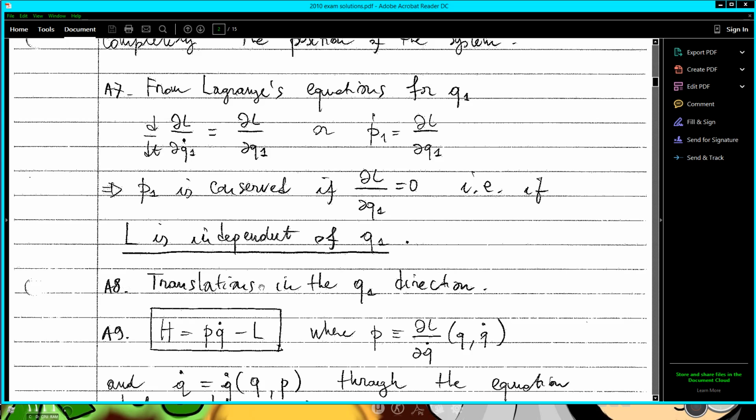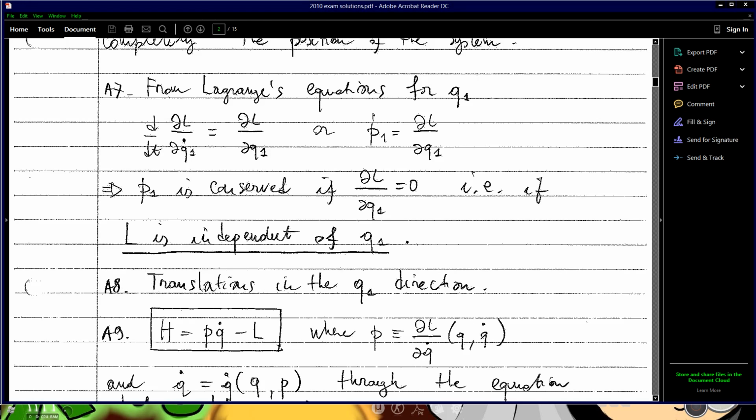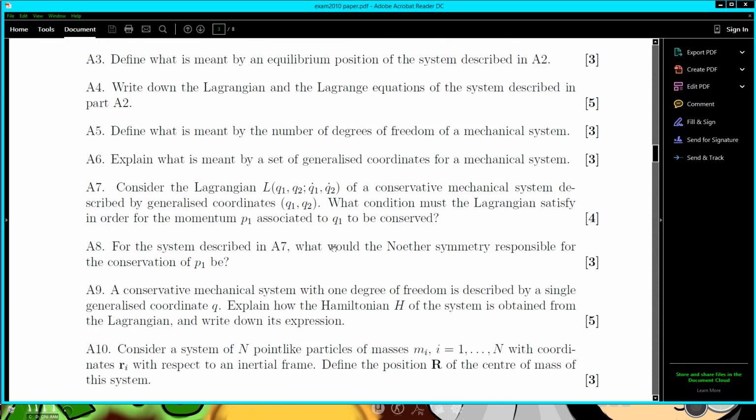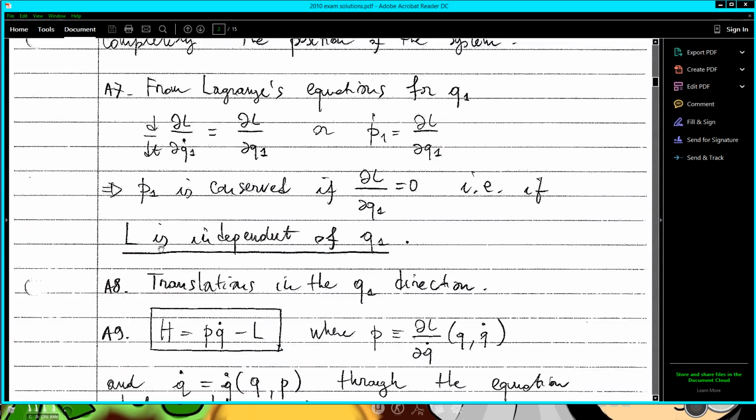So the answer for A8, the Noether symmetry question, what would the Noether symmetry responsible for the conservation of P1 be? The Noether symmetry responsible would just be translations in the Q1 direction. It's just a few words that you have to put down to get the marks in this question. And I hope I've explained to you why that is.